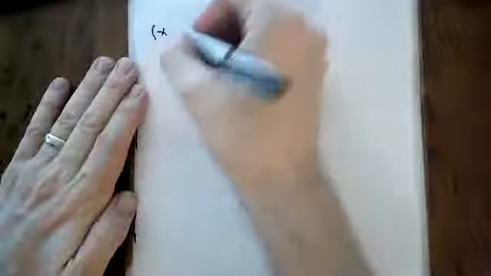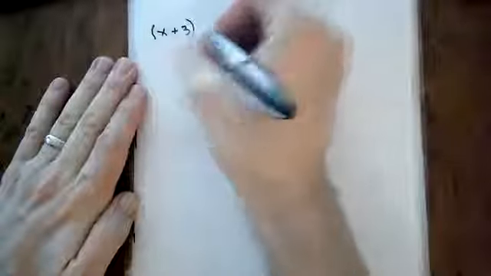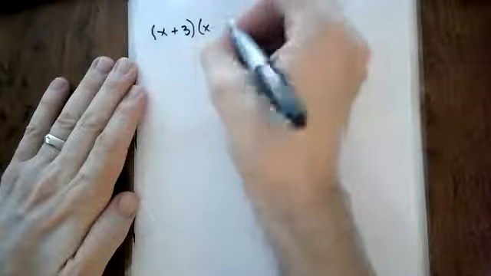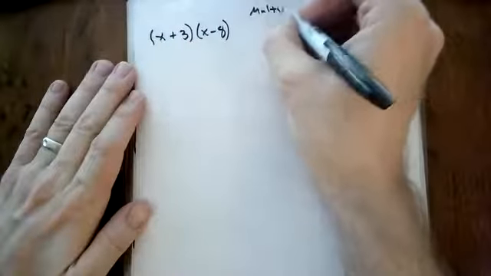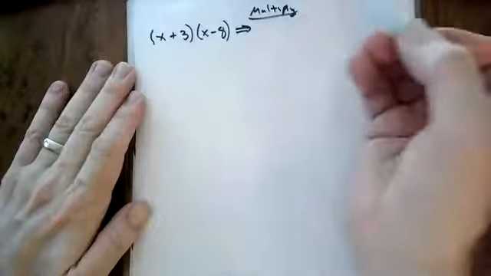Part of why this works has to do with what happens when you multiply. So if I'm multiplying any two simple binomials, say x plus 3 and x minus 8, think about multiplication. If you're multiplying this, you're using that FOIL.